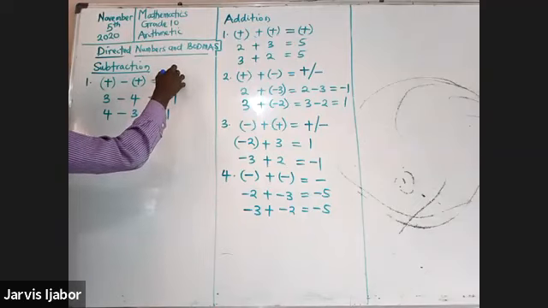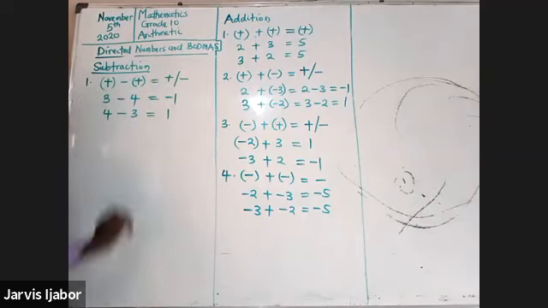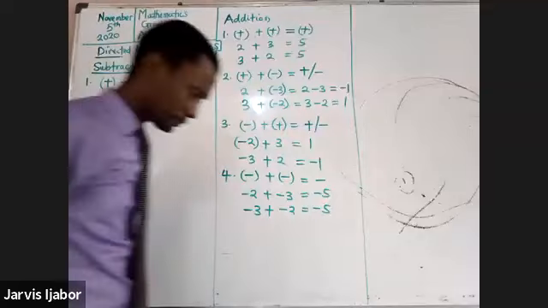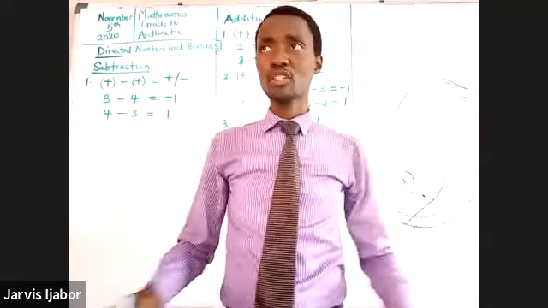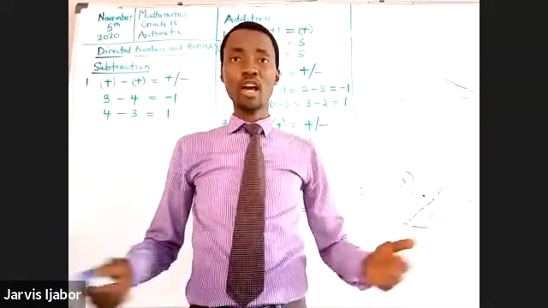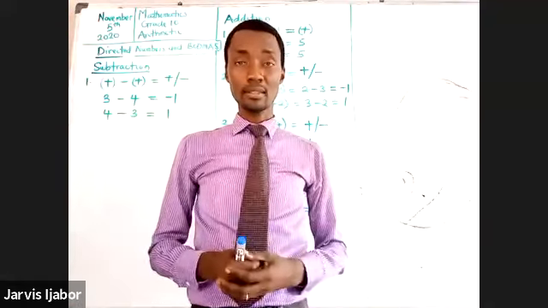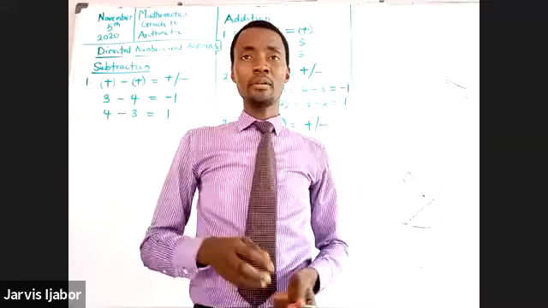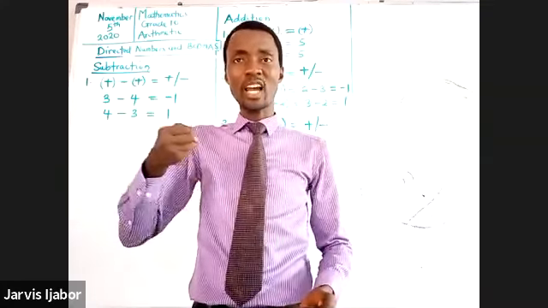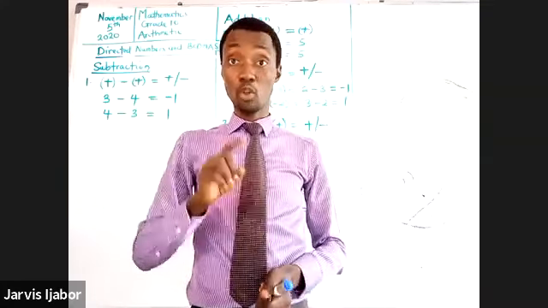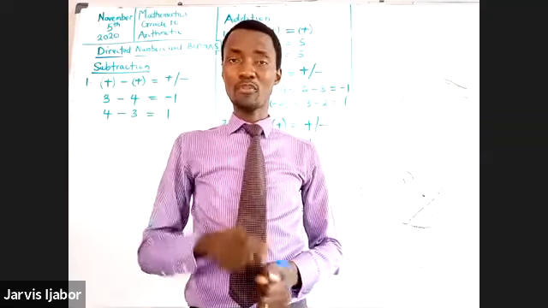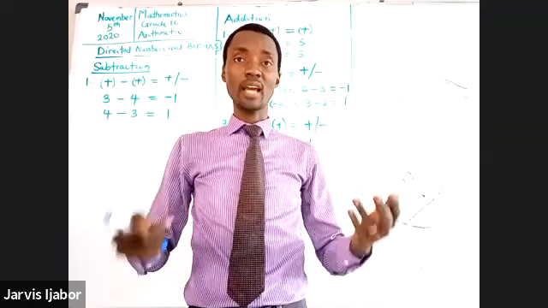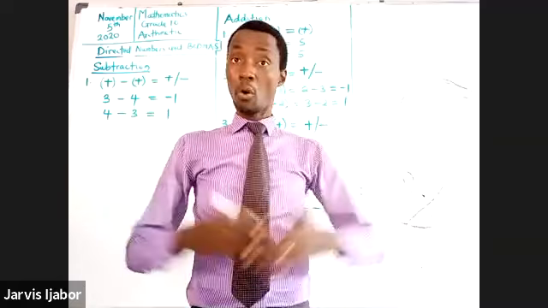So we discover that for this to be plus or minus, positive or negative. So if you're doing subtraction and you have 2 numbers, if the number you're taking another number from is positive and bigger, we expect the answer to be positive.